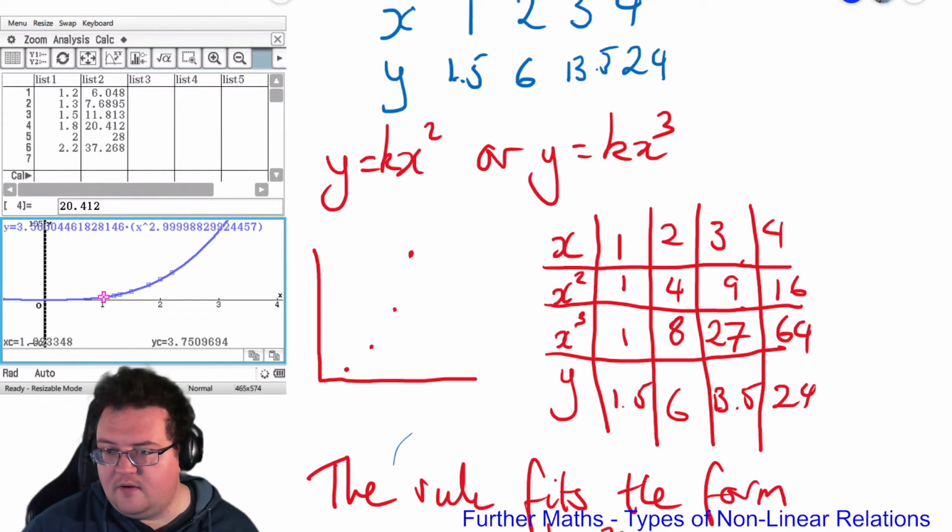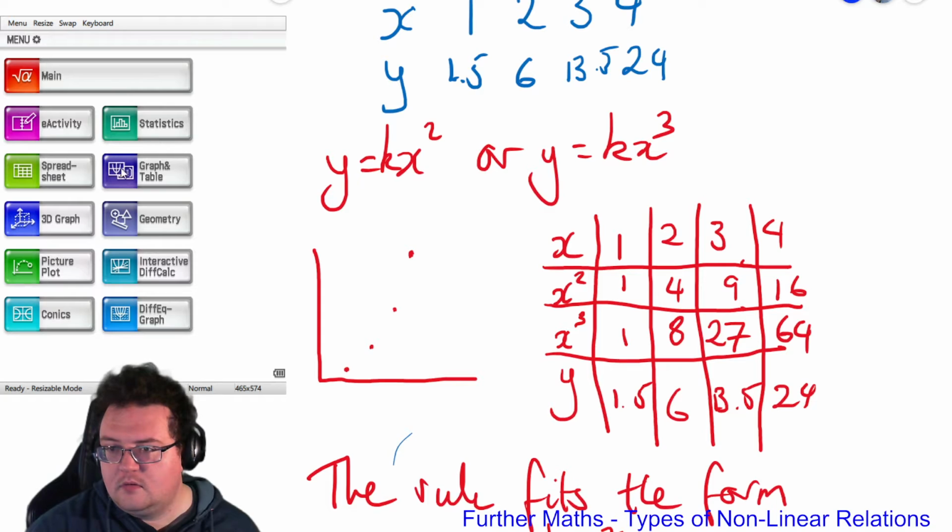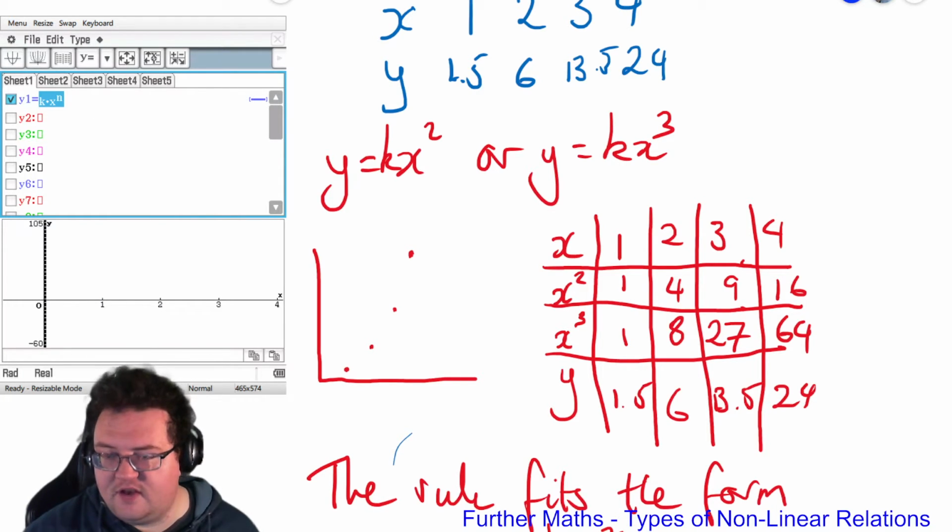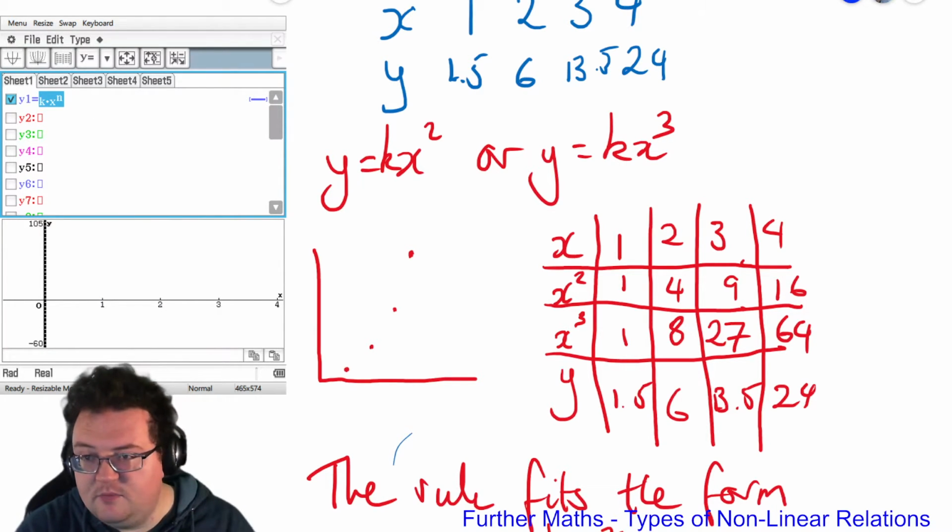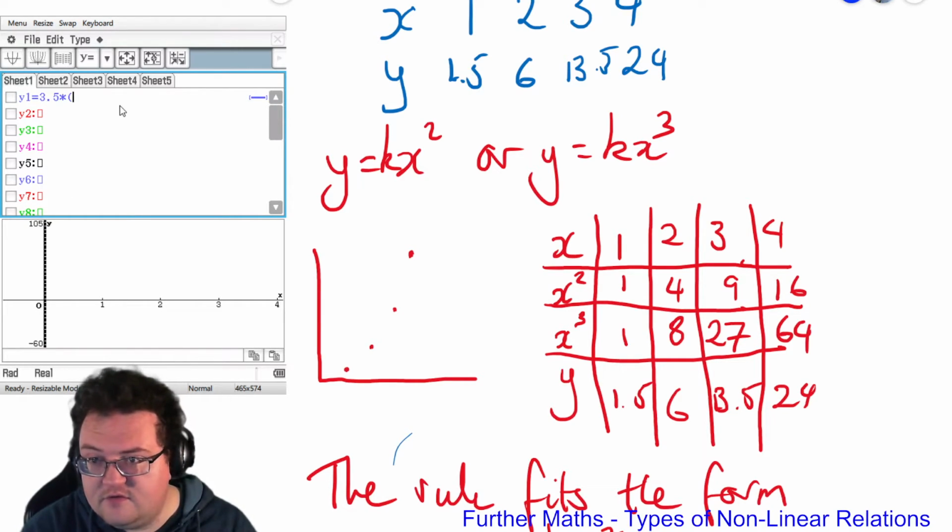So there, and there it is there. So what you might do instead is go in and graph that in yourself. So that's 3.5 times x cubed.